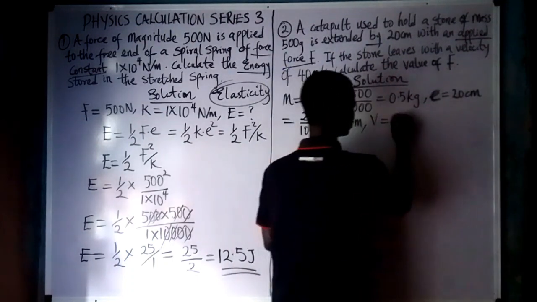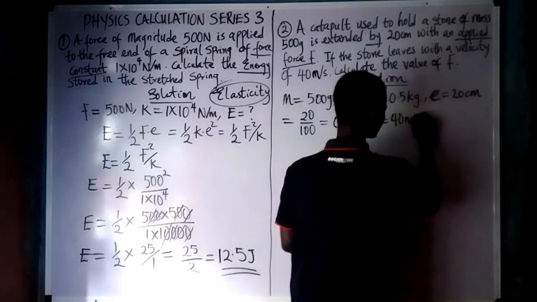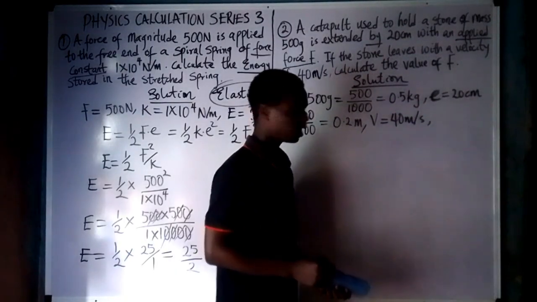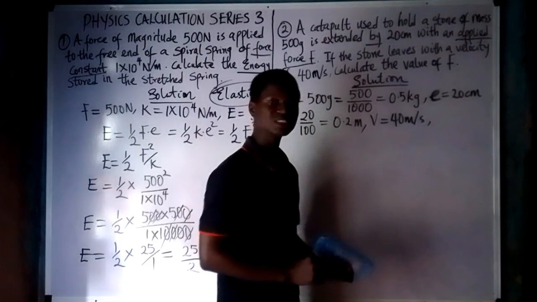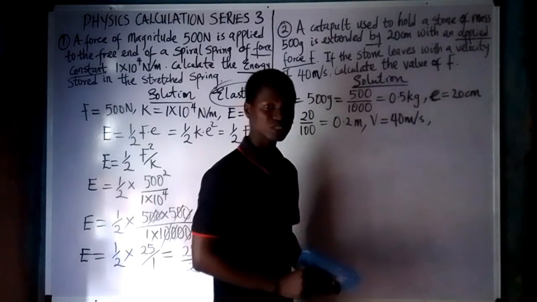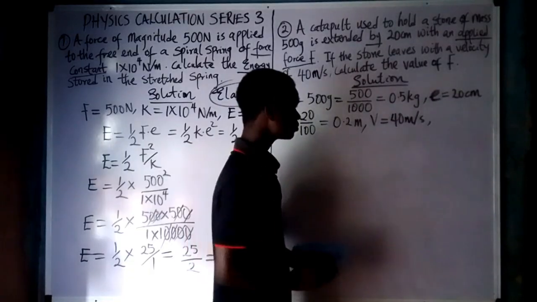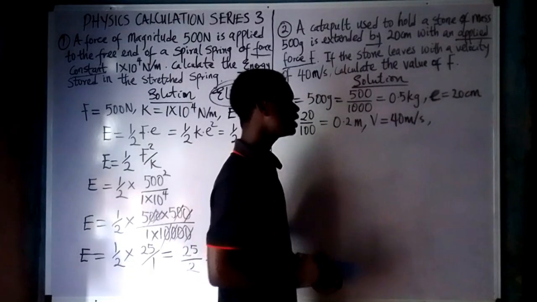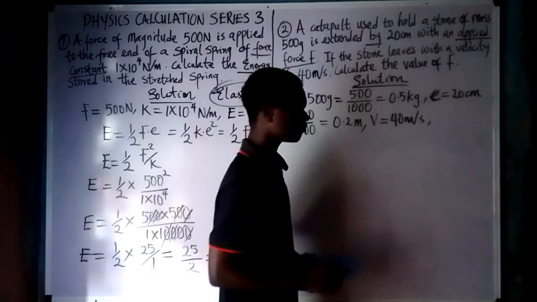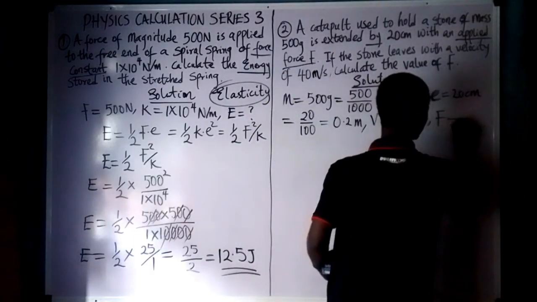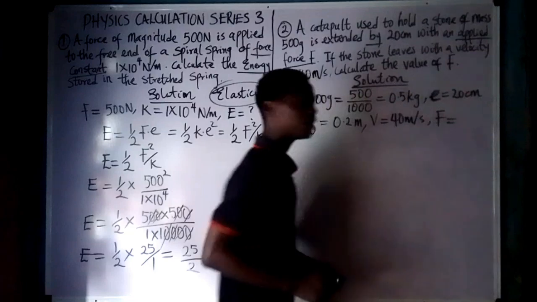What do you have here? 40 meter per second. So that is for that. And mind you, meter per second is the standard unit for velocity. So we are not converting anything. I hope that is clear. And the question now says, calculate the value of F. Calculate the value of what? F. F, based on the question, is what? The applied force.